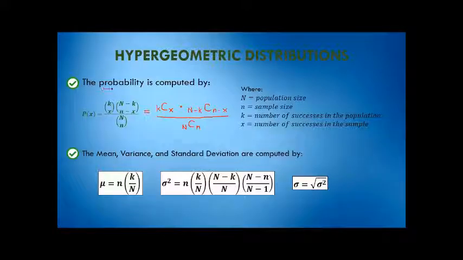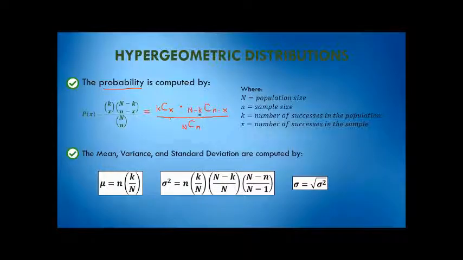So this is the formula for the probability. We have P of x is equal to the combination of k taken x at a time times the combination of capital N minus k taken small n minus x all over the combination of capital N taken small n at a time.